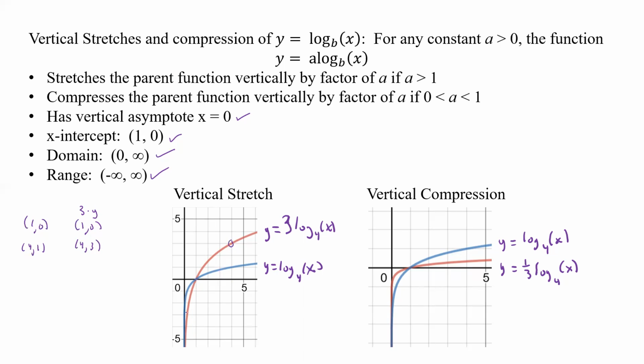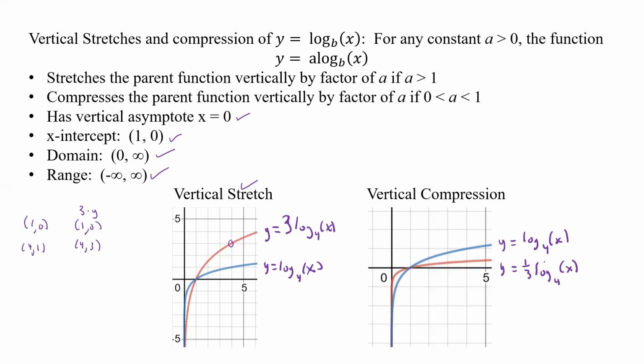And so then we have this function for when a is greater than 1 and it's equal to 3 in this case. That's a vertical stretch. Now, compression, what's going to happen is we're going to have something between 0 and 1. In this case, we used 1/3.